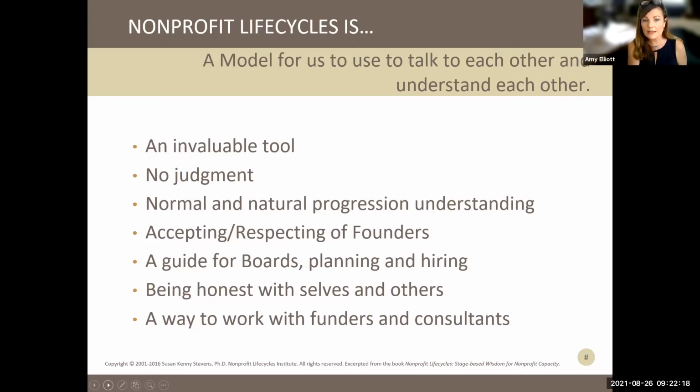So this life cycle model can be informative to how we plan for the next stage or for while we're still in this stage. It can also be informative to the kind of leader we need to hire, the kind of board that we need to recruit, and how we're going to manage the organization.